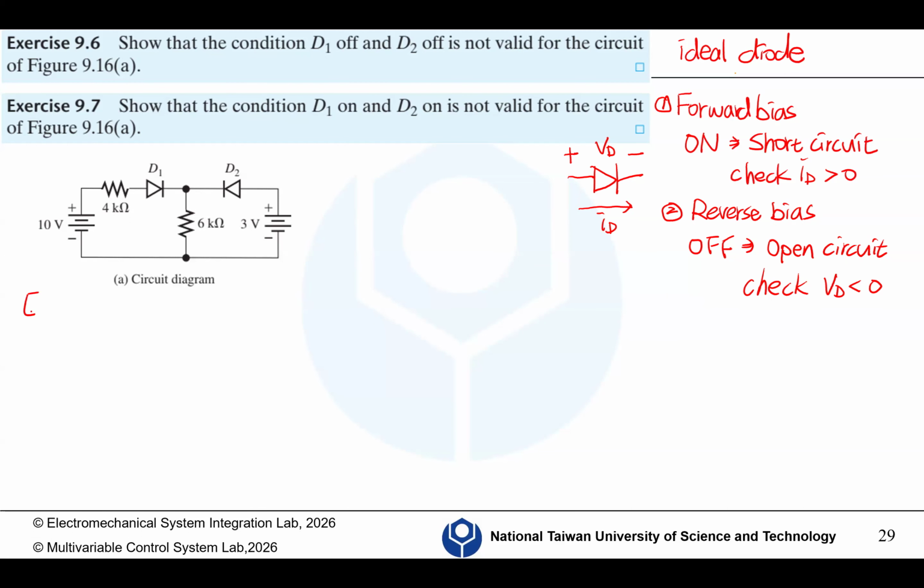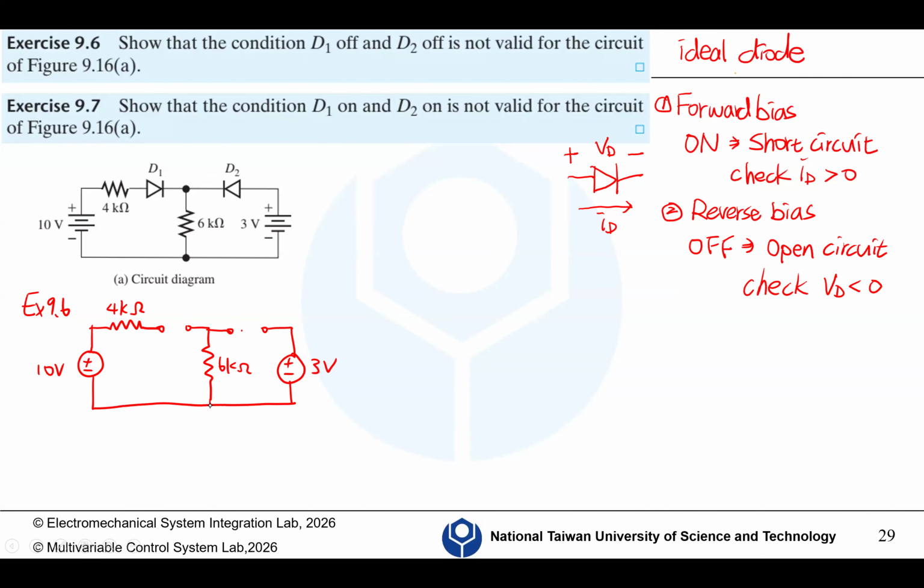So for this 9.6, we redraw this diagram. This is 10 volts. This is 4K ohm. If they are off, that means they are open circuit. Then we say this is 3 volts and this is 6K ohm.